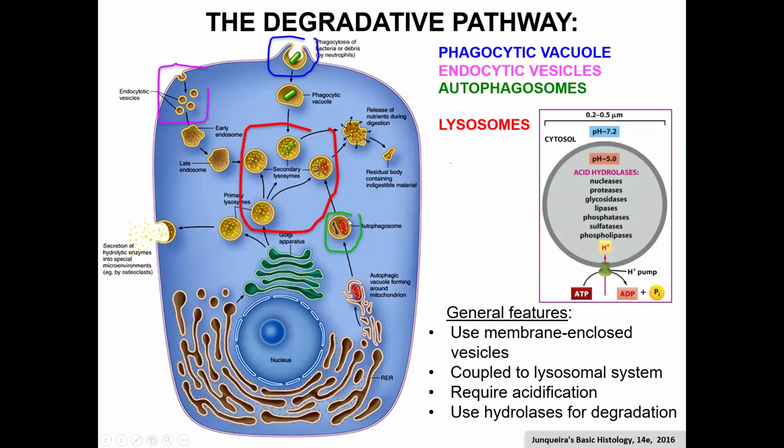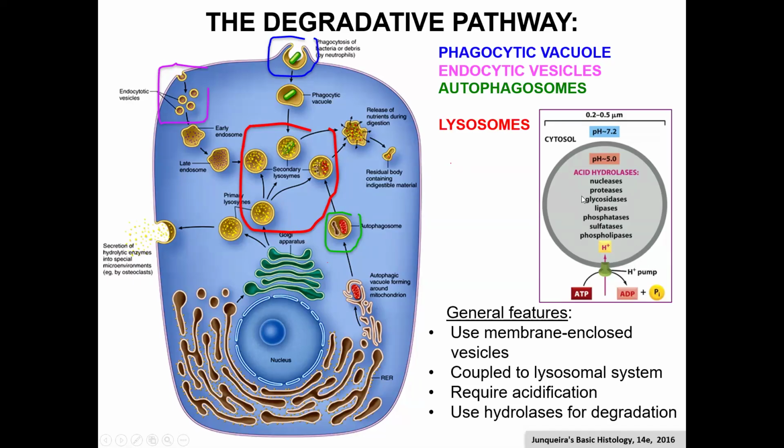And the destination of all the material that is taken up into such vesicles along the degradative pathway is the lysosome. The lysosome is an organelle, the site where the proteins, the lipids, the carbohydrates are hydrolyzed to building blocks, to simple molecules.